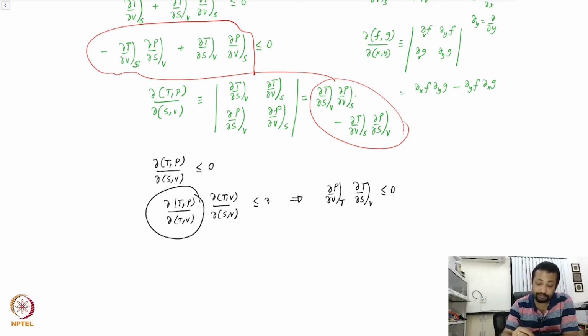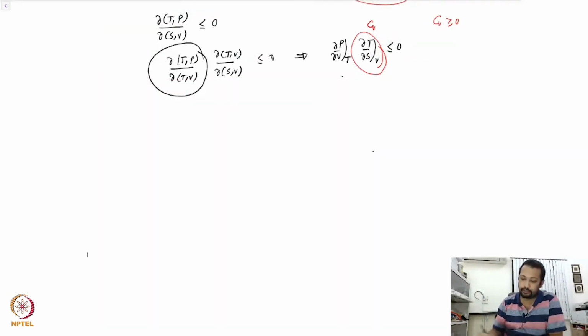But this derivative del T del S is nothing but the specific heat CV. Now CV is positive. Since CV is positive, it follows that del P del V at constant temperature is less than or equal to 0, which means of course del V del P at constant temperature is less than or equal to 0.